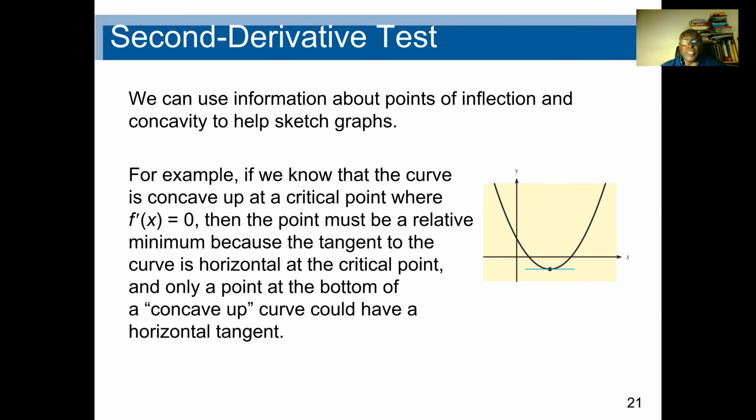So for example, if we know that the curve is concave up at a critical point where f prime of x is equal to 0, then the point must be a relative minimum, because the tangent to the curve is horizontal at a critical point. And only a point at the bottom of a concave up curve could have a horizontal tangent.